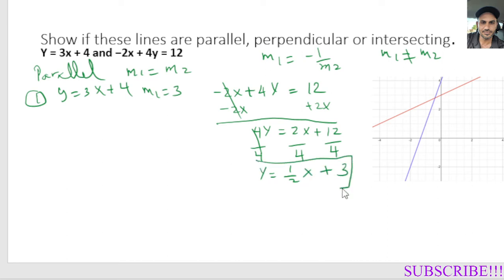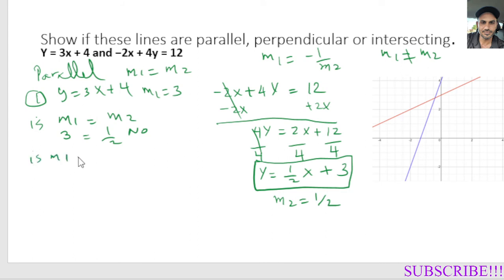Now we know that M2 equals 1/2. So is M1 equal to M2? M1 is 3 and M2 is 1/2. No. Are they negative reciprocals? Is M1 equal to negative 1 over M2?